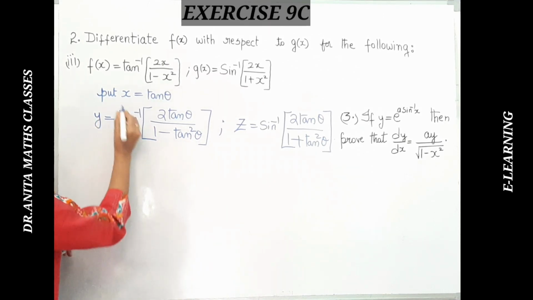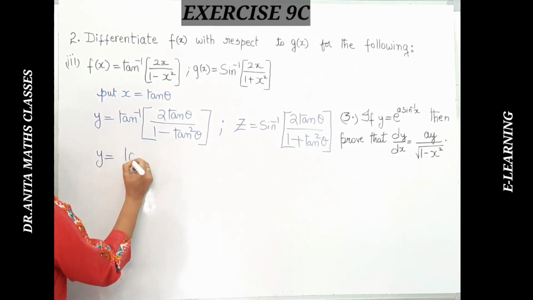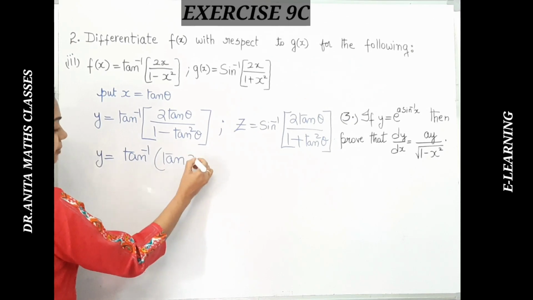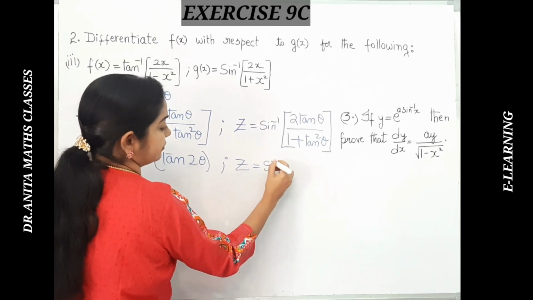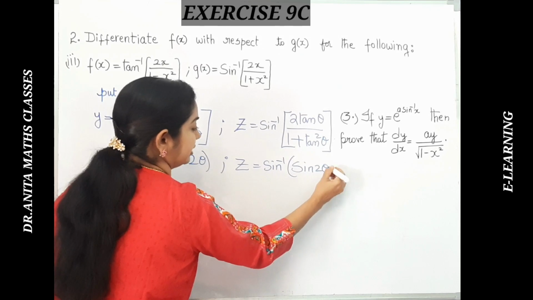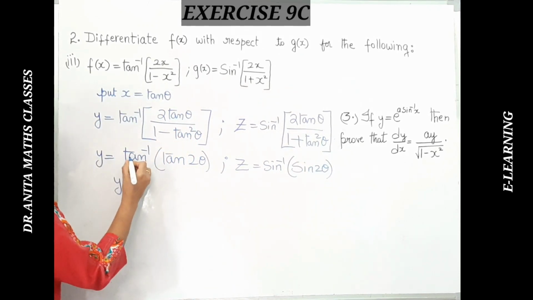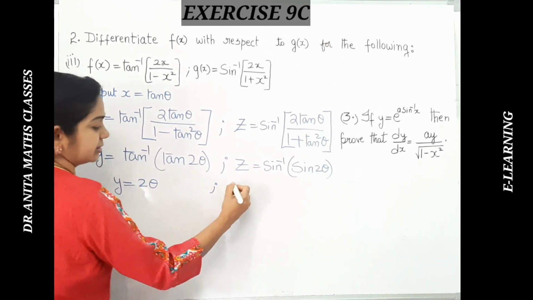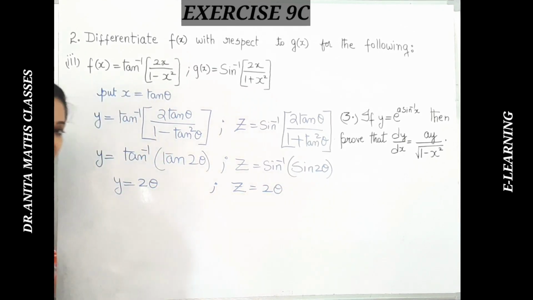Now first we will resolve this. Tan inverse of, this comes to tan 2 theta formula. Similarly here also, sine inverse of, this is sine 2 theta in terms of tan. Now this y function will become tan inverse and tan goes off, we get just 2 theta, whereas z is equal to again 2 theta, right?